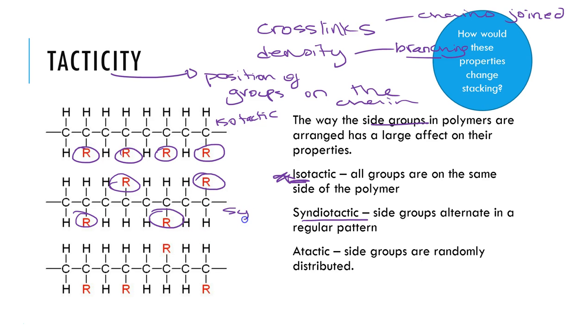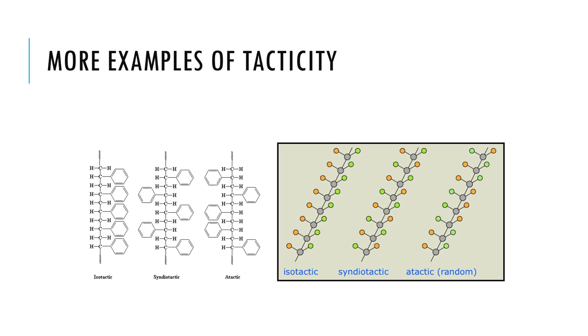So this one is syndiotactic. And then the last one we have is atactic. Like asymmetrical, there's no pattern, these are just random. So atactic is random. How these are positioned can change the way that they stack, how closely they get to each other, and how they behave.